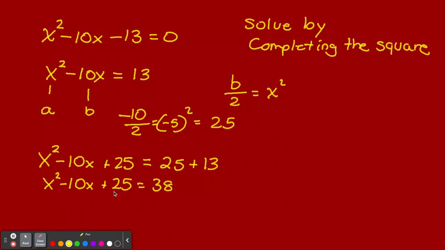What two numbers give a product of positive 25 and a sum of the b term, negative 10? We already know it's 5, so it'll be x minus 5 squared, because it's x minus 5 times x minus 5.